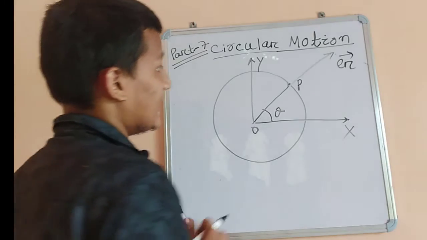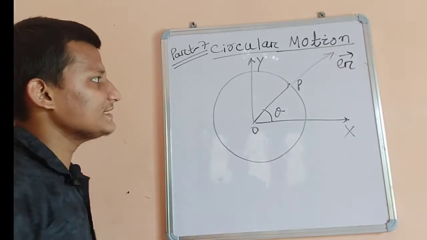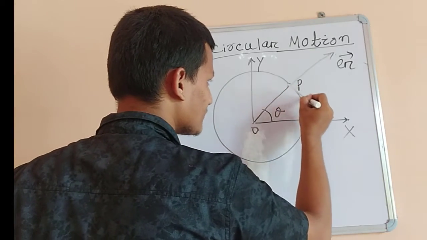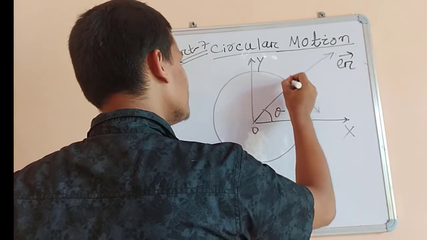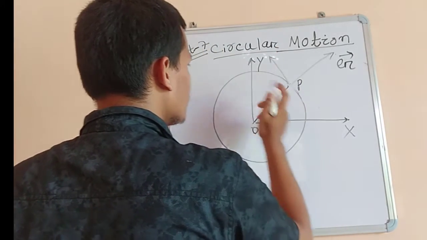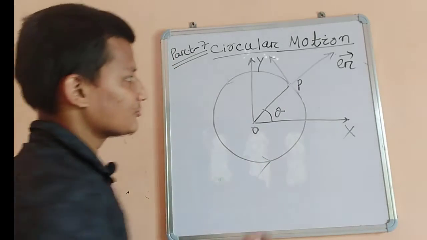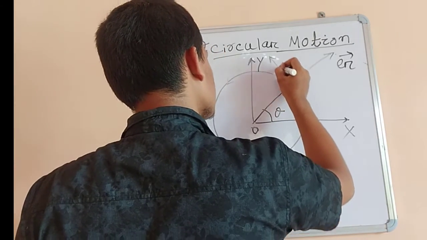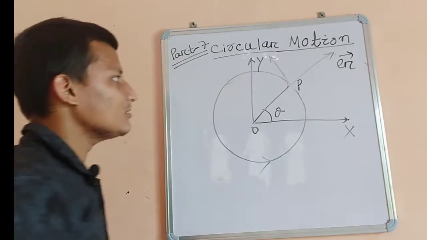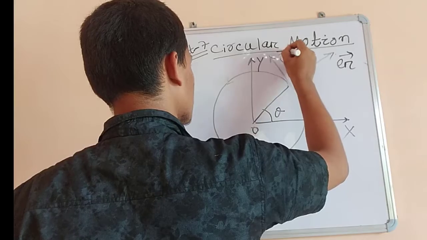Now the tangential direction at point P may be this one or this one. Suppose the particle is moving in the anti-clockwise direction, so this will be our tangential direction. Suppose the unit vector along this tangential direction is et vector.